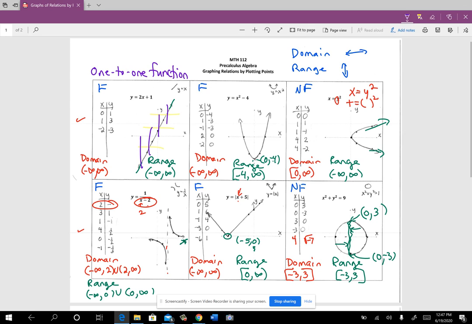So for each x, there's only one y. That makes it a function. But the ones in the first column are one-to-one functions. For each y, there's only one x, okay? So these here are functions, but they're not one-to-one, okay? And then these here simply are not functions.